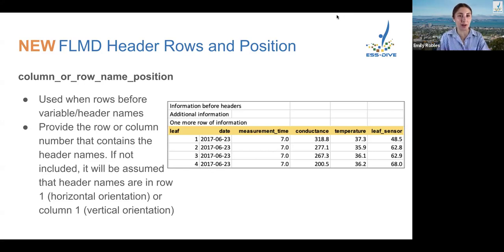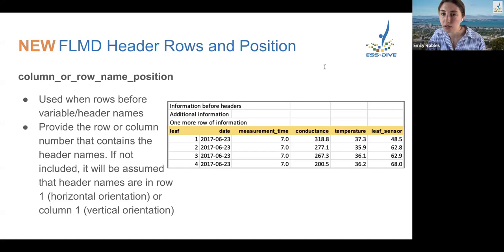And the answer is no. Any rows that have a hash mark, when they're hashed out or commented out, are automatically skipped in parsing. So in these examples, I did not include those. This is if a data file just has unhashed, uncommented metadata or information before or after the variable names.